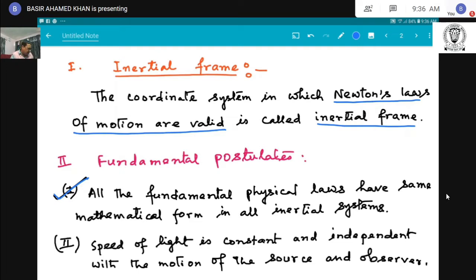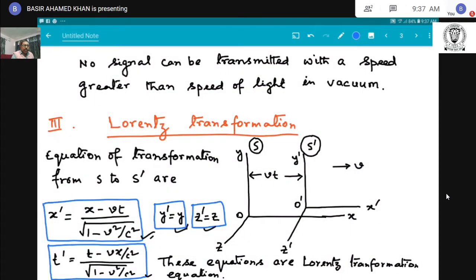And the second one is that the speed of light is constant and independent of the motion of the source and observer, and no signal can be transmitted with a speed greater than the speed of light.